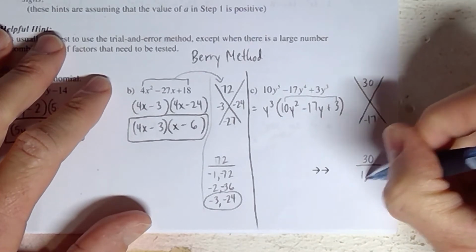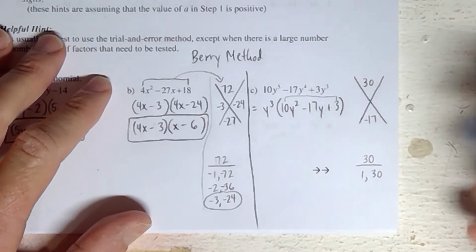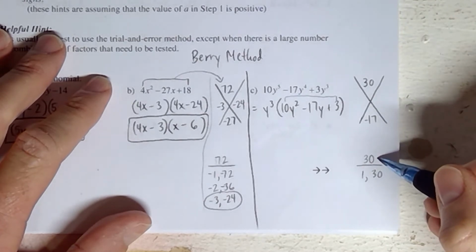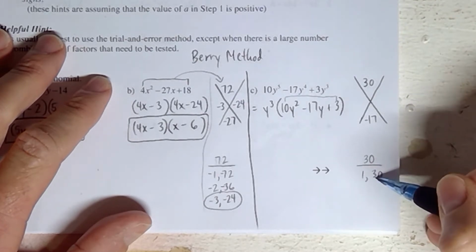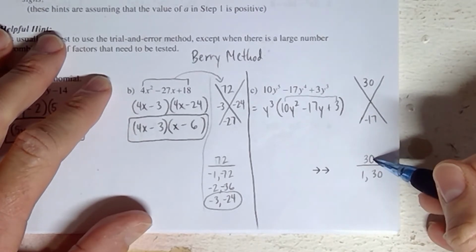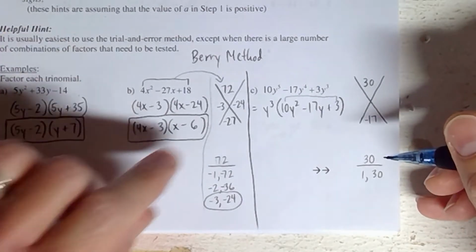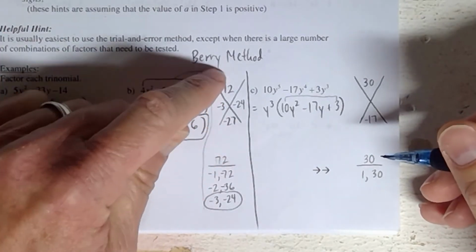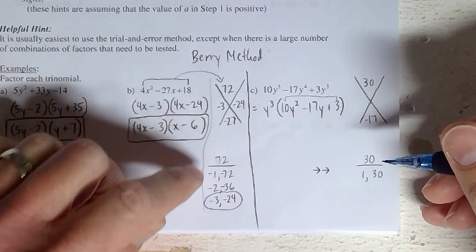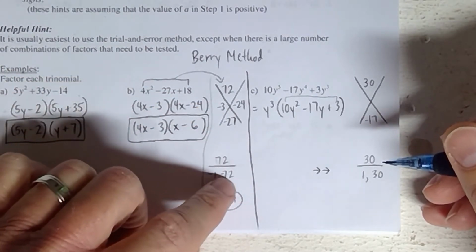Start out with the 1 and the 30, but remember, it's a positive number, 30, and so it's either got to be positive, positive, or negative, negative in order to multiply together to be a positive answer. But because the bottom number is negative, just like in the last problem, we know that they've got to be negative, negative.